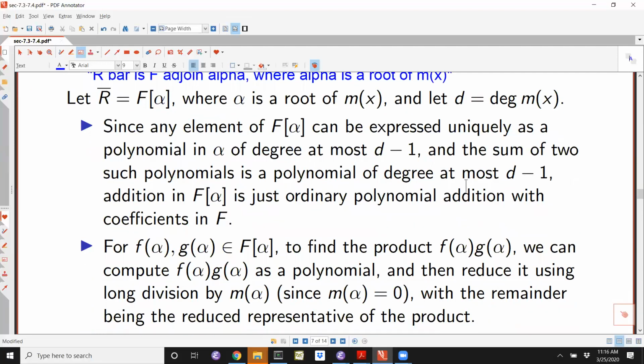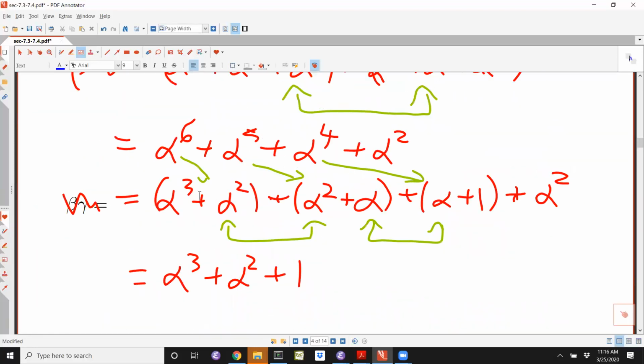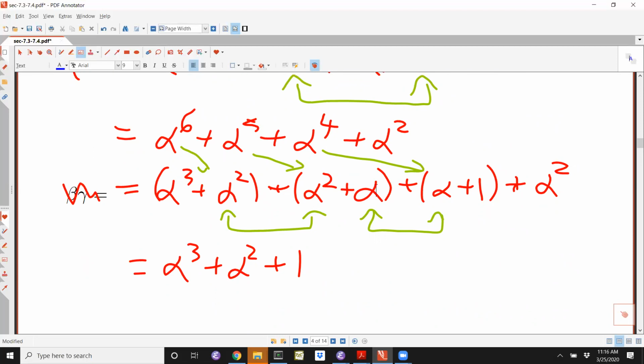Since any element of F adjoin alpha can be expressed uniquely as a polynomial in alpha of degree at most d minus 1, which we just saw, and the sum of two such polynomials is a polynomial of degree at most d minus 1, addition in F adjoin alpha is just ordinary polynomial addition with coefficients in F. If you look at the examples, once you're adding polynomials, you don't get any higher degree polynomials, so you don't have to use the reduction rules anymore.